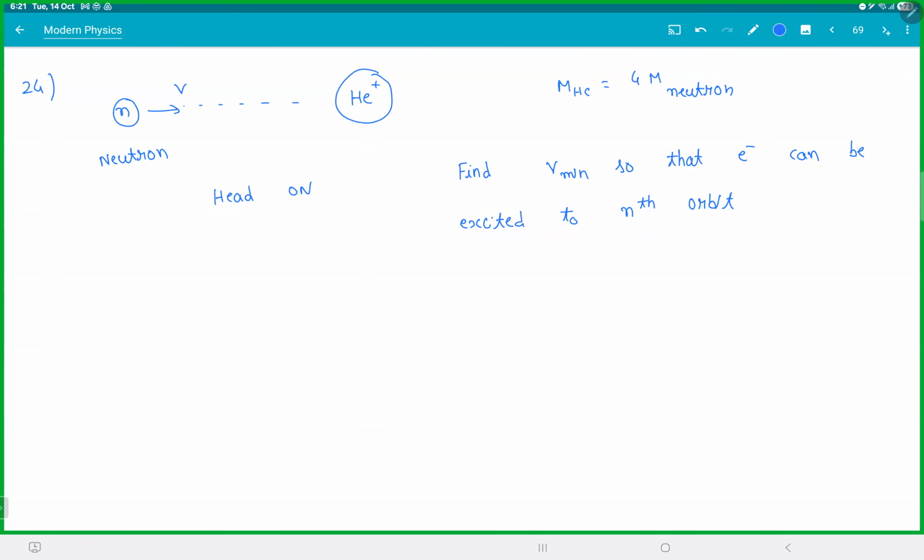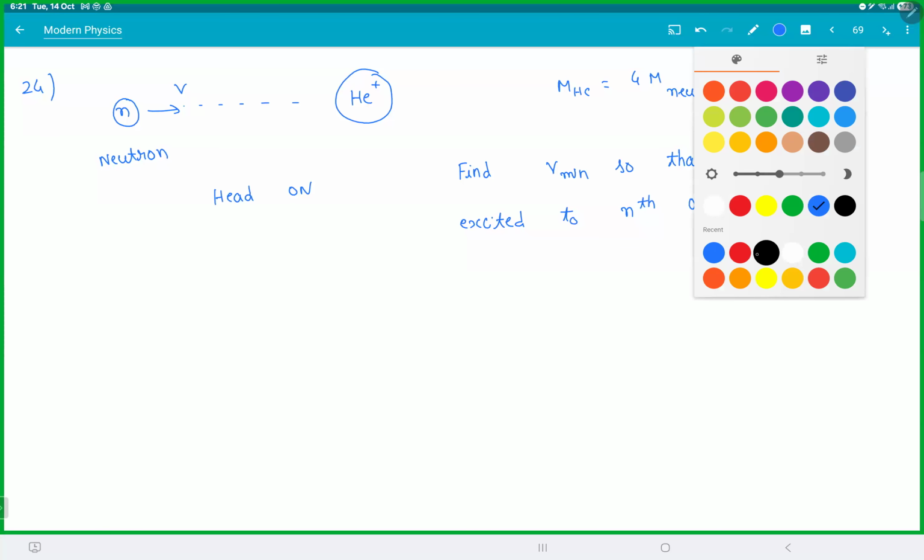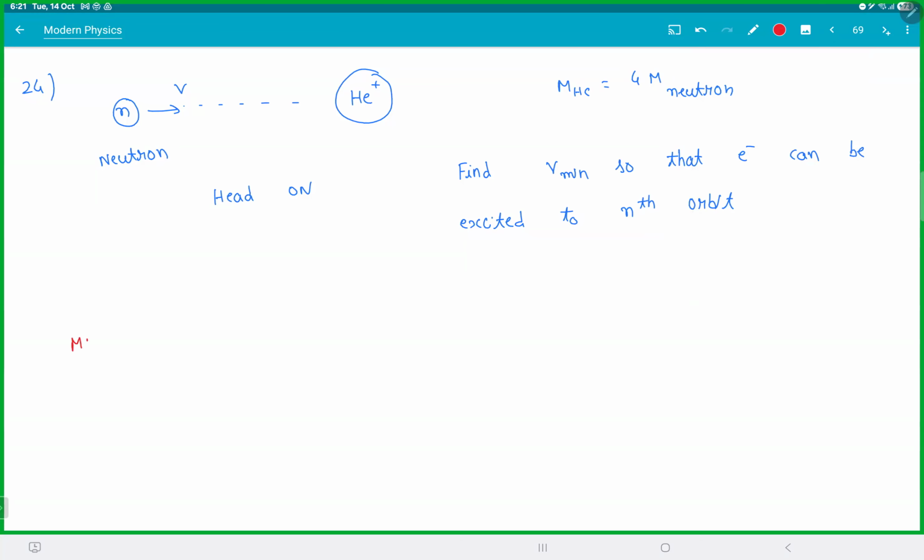Something like that, right? So what is the maximum loss of energy? Half mu v relative square. That will be half into m1 m2 over m1 plus m2, that is 4m by 5, times v relative square, which is v square.